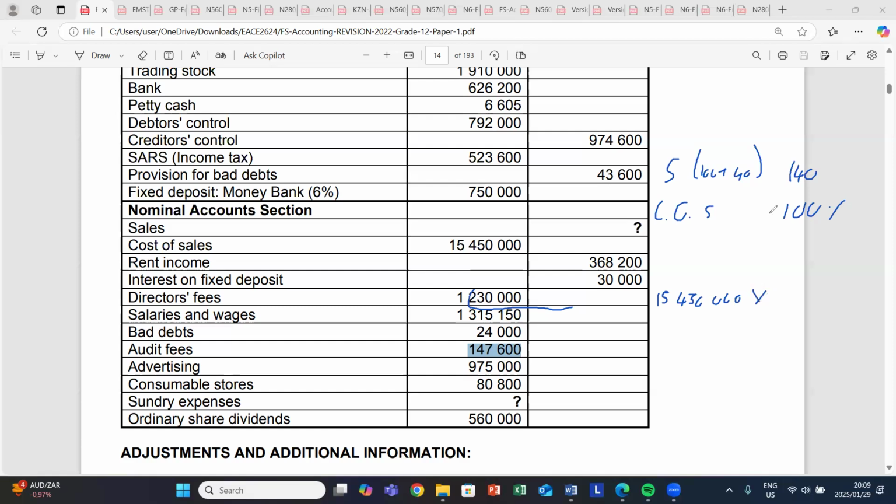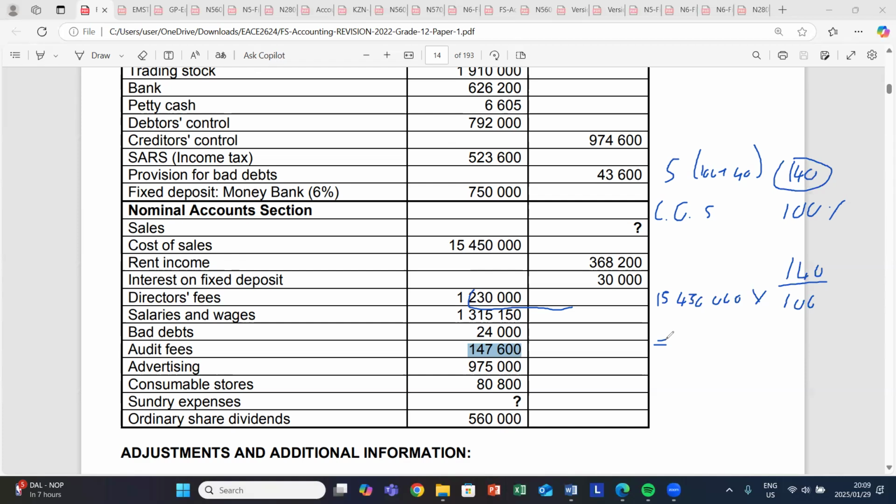I'm looking for my sales, and my sales percentage is 140. Therefore, multiply by 140 divided by what I have. I have my cost of sales, which I know is 100%. And then you will get your sales.